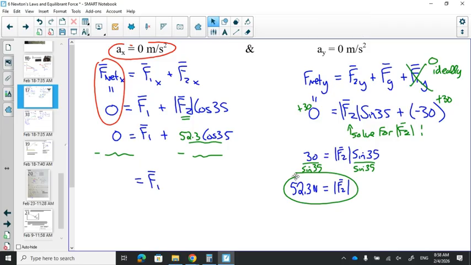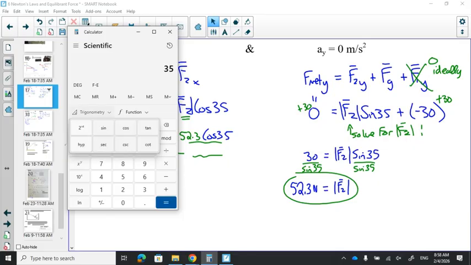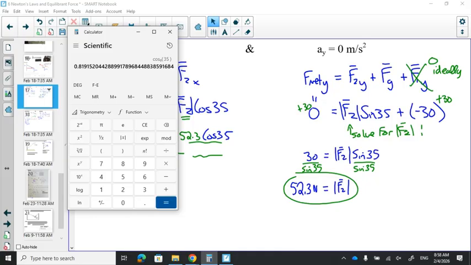So cos of 35, cosine of 35 equals 35 cos. So we get that, and that needs to multiply on to 52.3.